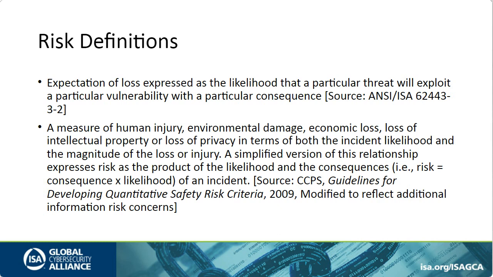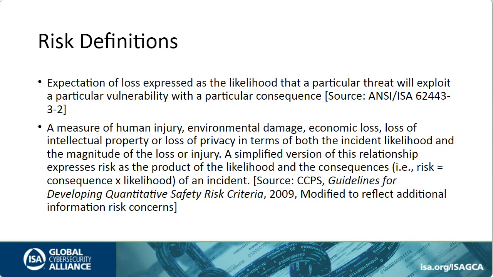Another definition of risk that's actually used in TR 84.00.09 is a measure of human injury, environmental damage, economic loss, loss of intellectual property, or loss of privacy in terms of both the incident likelihood and the magnitude of the loss or injury.